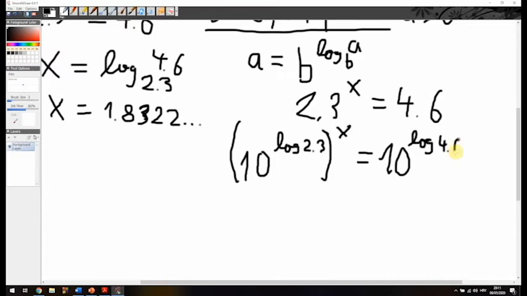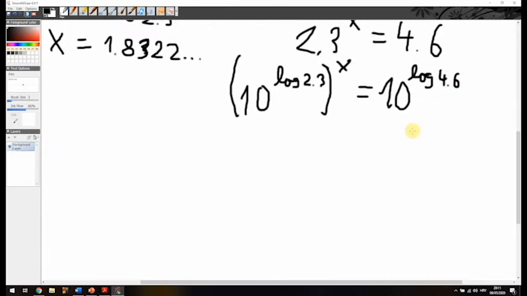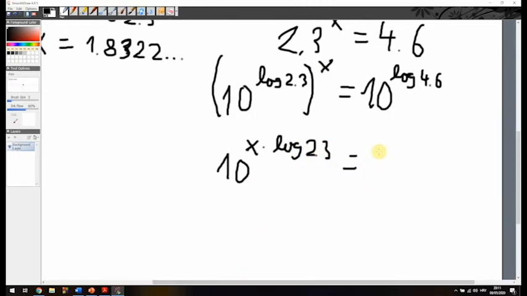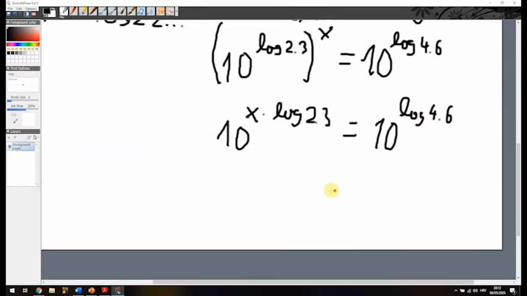Okay, so if you know exponential functions, then you know that I can just multiply these two numbers, and then I get 10 to the power of x times logarithm of 2.3 equals, and I can just copy this, 10 to the power of logarithm of 4.6.